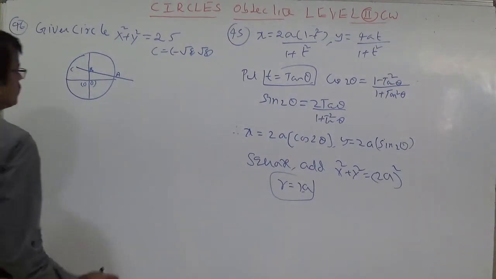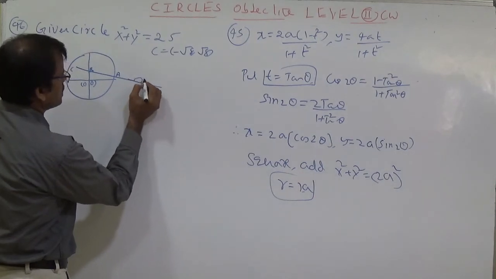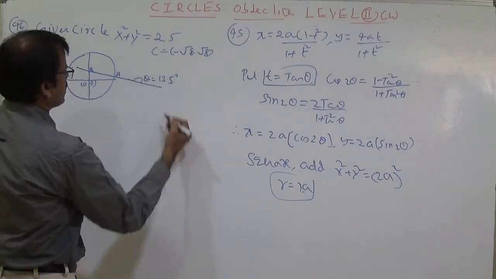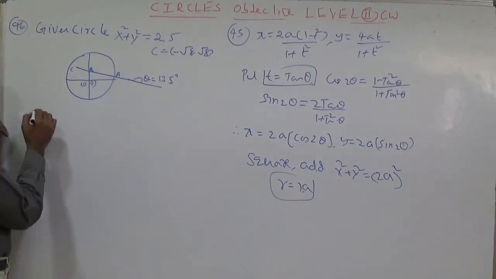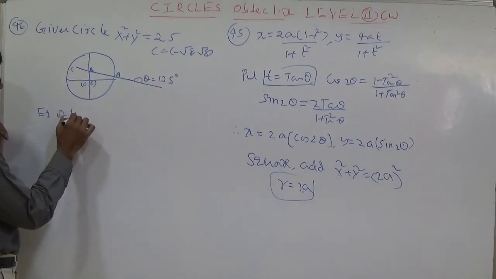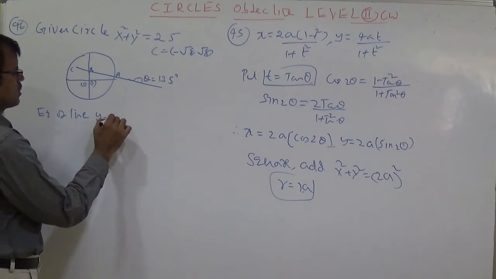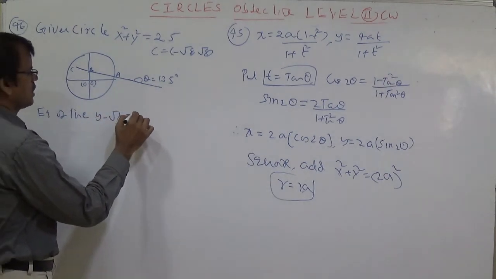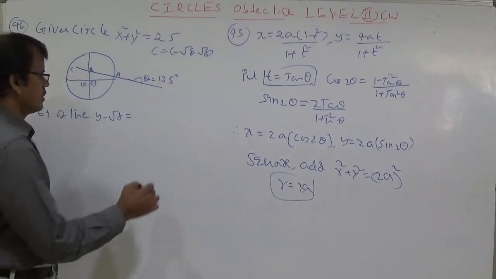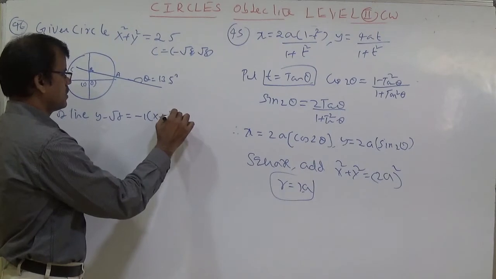Now the line makes angle theta equal to 135 degrees with the positive direction of the x axis. So the equation of the line is y minus root 8 is equal to m, which is tan 135, whose value is minus 1, into (x plus root 8).